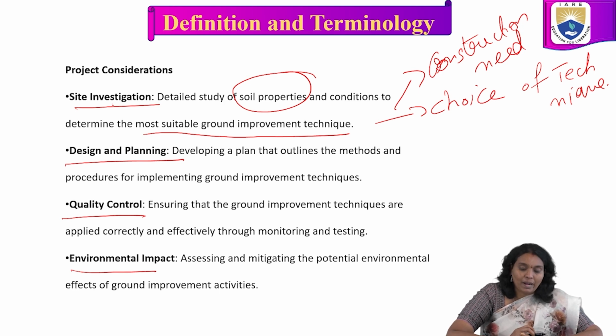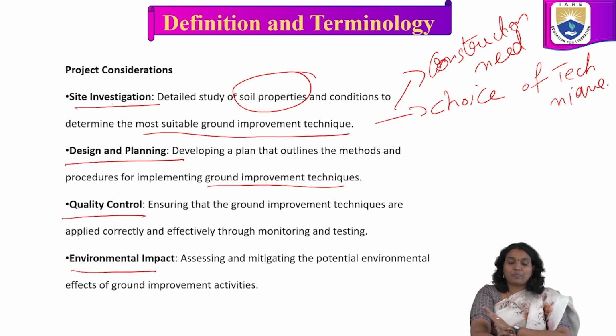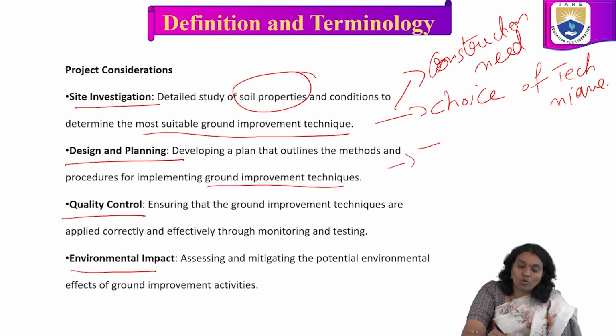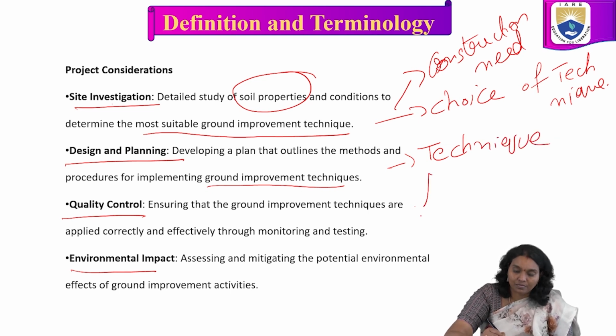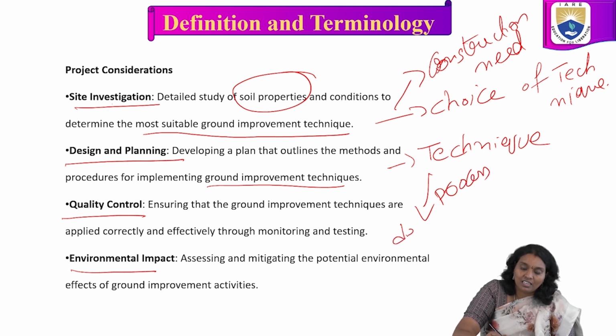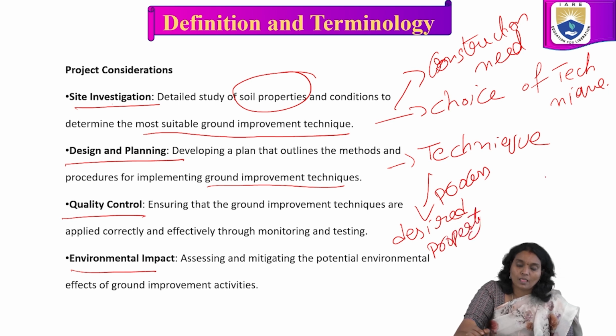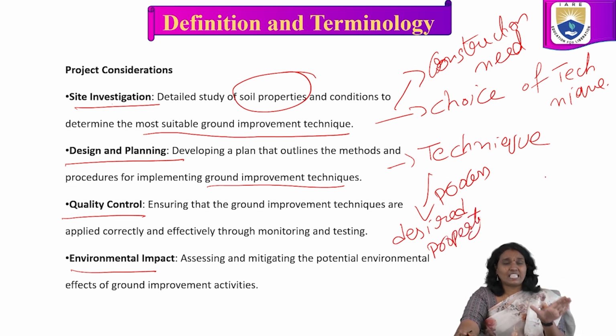In design and planning, we develop a plan that outlines the method and procedures for implementing the ground improvement technique. Each technique has its own process to get the desired property. For this, we have to do design and planning.